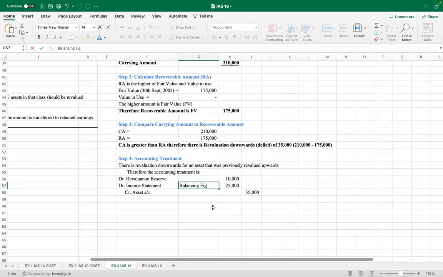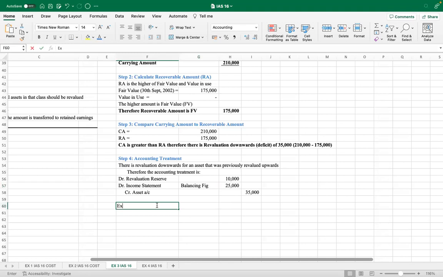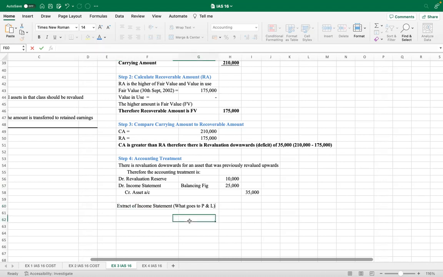Now, to enable us conclude in this question, let us look at, in 2 minutes, extract of income statement. Remember, we are looking at what goes to the P and L. So that you don't say you did not know that.